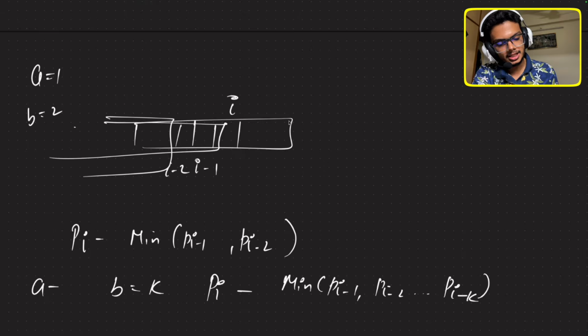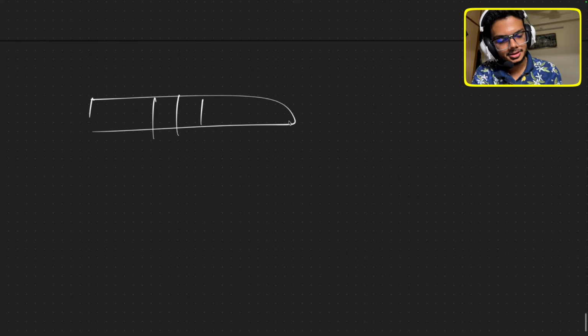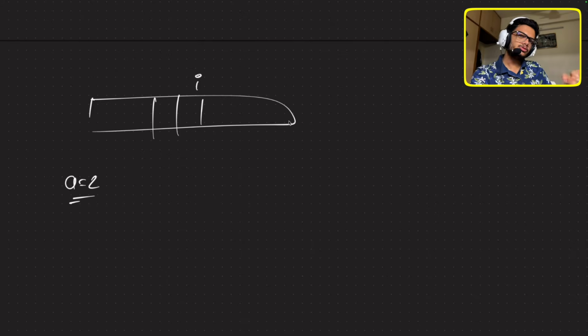If I call it a equals to 2, then pi minus 1 is not your option, right? So what I'm saying is, guys, if you have, let's say, ith index like this, and if I say the minimum subarray that you consider is of size 2, then you cannot have this pi minus 1 as one of your candidate prefix sums, right? Because if you subtract this, then it's going to return you a subarray of size 1.